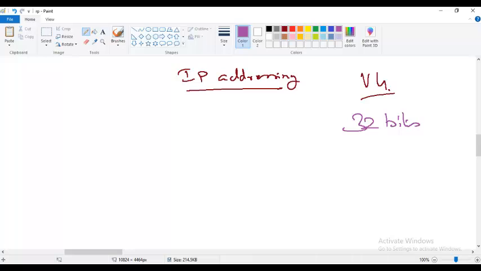So if it is in a binary format, like 1 1 0 1 1 1 0 1 0 0 0 1 1 0 1. Don't write this. I'm just simply writing some numbers like an LKG student. See, this is 32-bit binary.